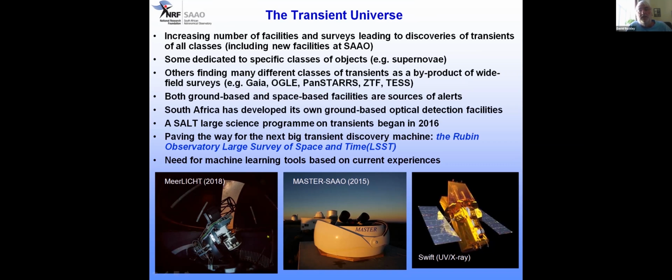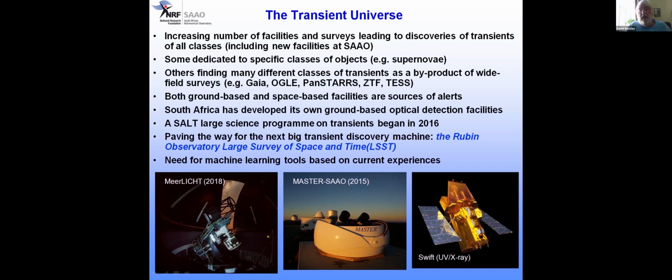But other telescopes and other missions, like, for example, Gaia, that we're all familiar with, that's mapping the whole of the Milky Way, it's finding transients as a byproduct. And so we make use of the fact that all of these different observatories make rapid alerts on discovery of transients. And then, of course, the real work begins with ground-based and space-based facilities to study what they actually are.